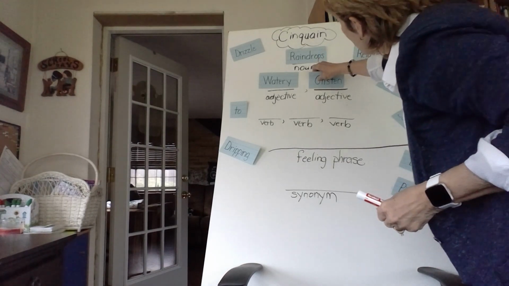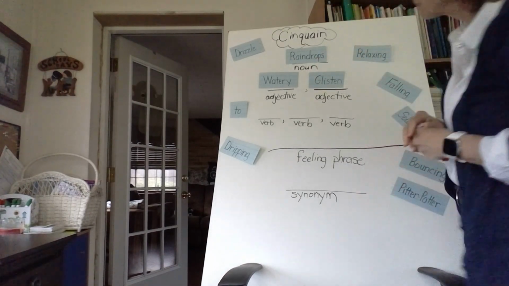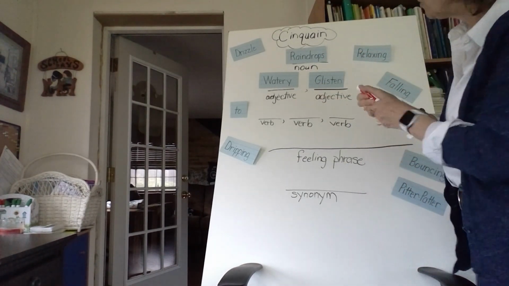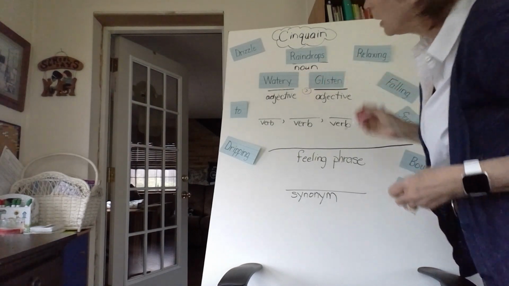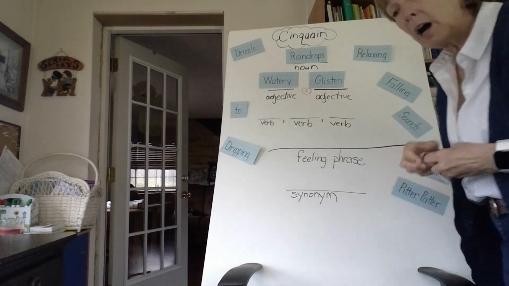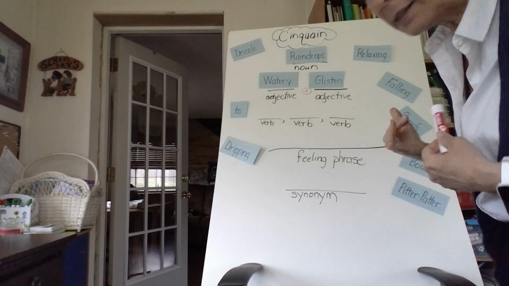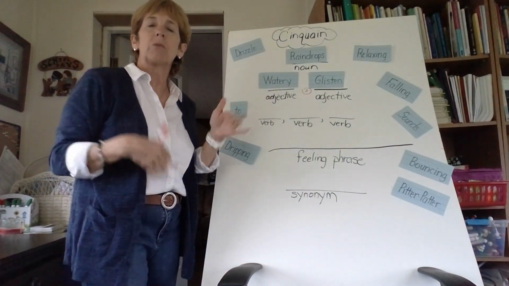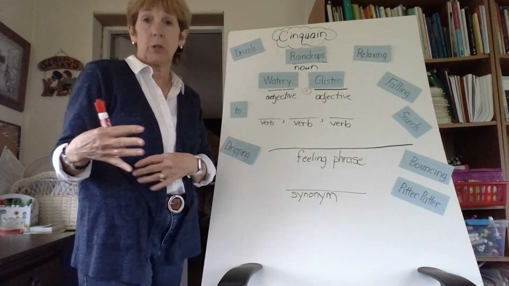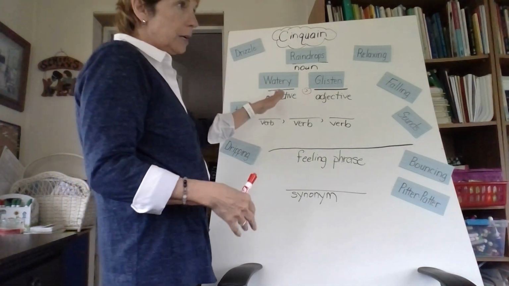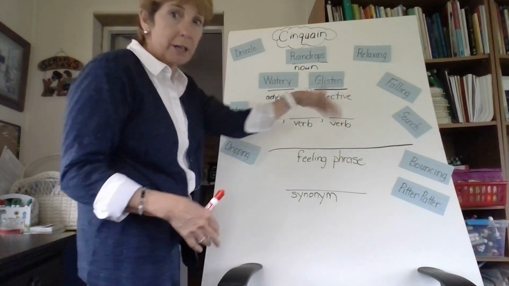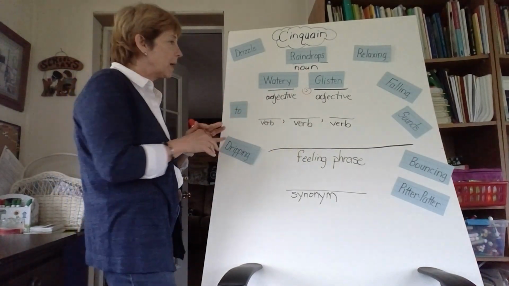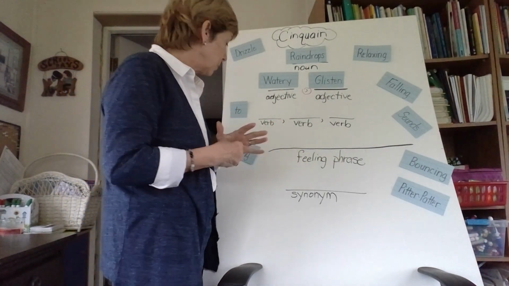We have watery and we have glisten. 2 words. Notice in the middle here, you have to have a comma. You want to have a comma to separate those because when you read them, you're going to pause. Remember, commas are telling you to pause. Like watery, glisten. We're going to pause.